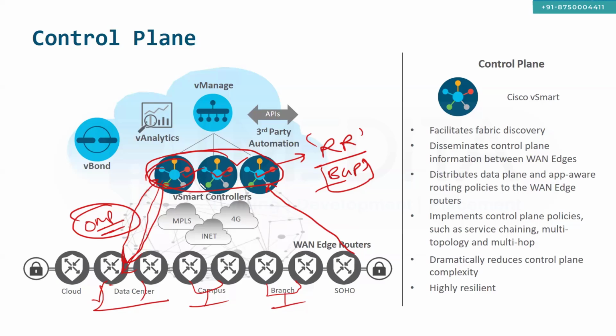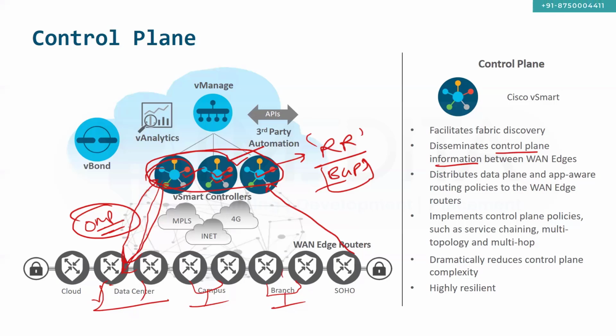The vSmart would receive the OMP update from the managed router, and as part of the OMP update, it will receive the LAN prefixes. Then the responsibility would be to select the best path and provide that best path information to all other OMP peers. So the control plane information, which means the route information, will get exchanged between the managed routers via vSmart.